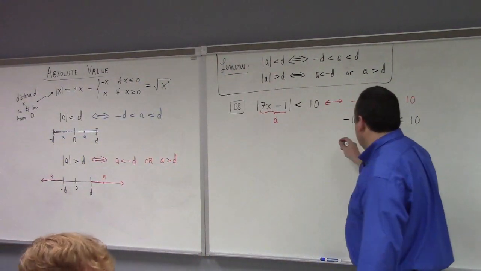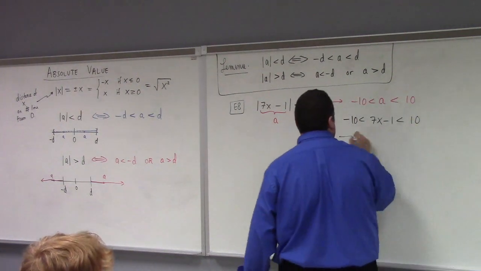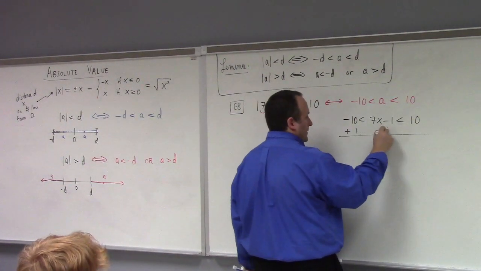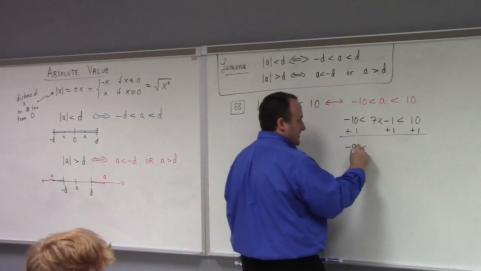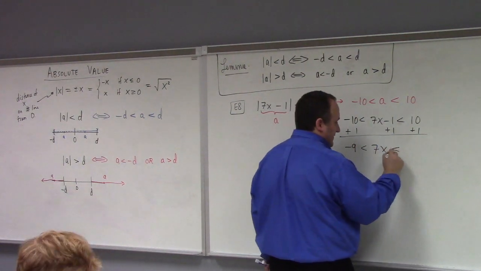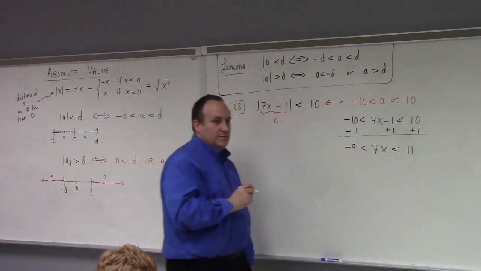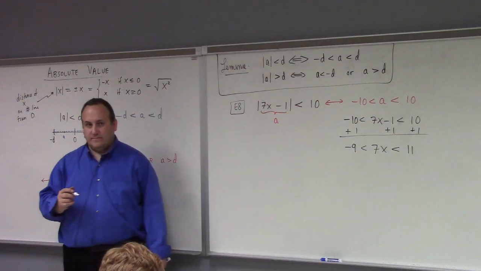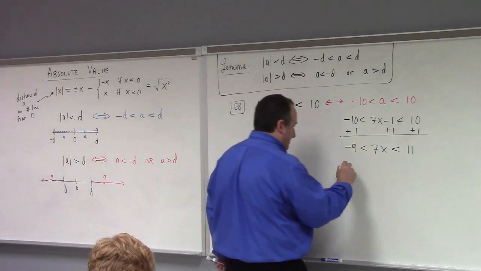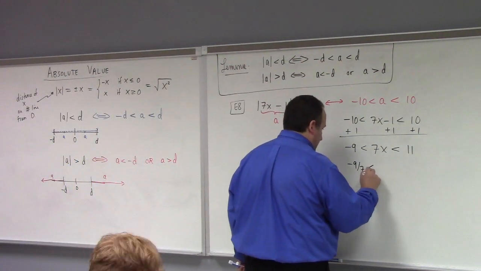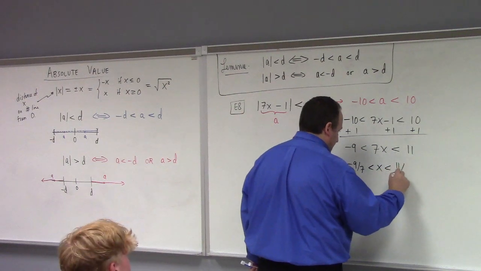So if we add 1 across this, we get what? Minus 9 less than 7x less than 11. And then do what? Divide by 7. Minus 9 sevenths less than x less than 11 sevenths.